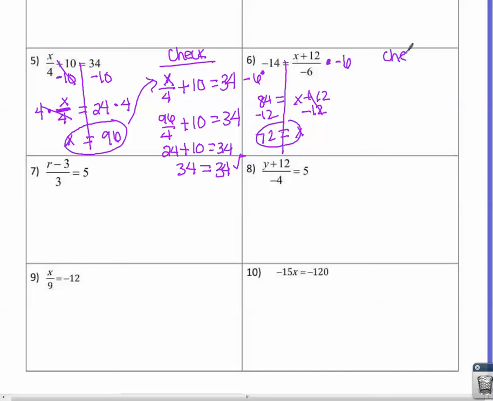Again, even though it doesn't have a check area for you, you are still required to check your answer. So write down the original problem and substitute in what you got for an answer.